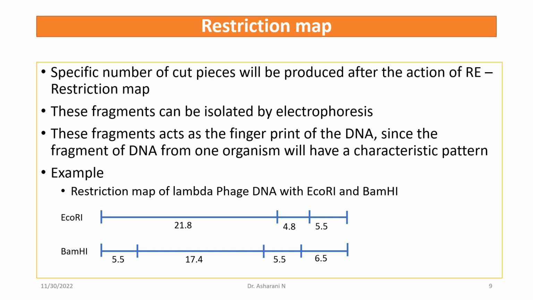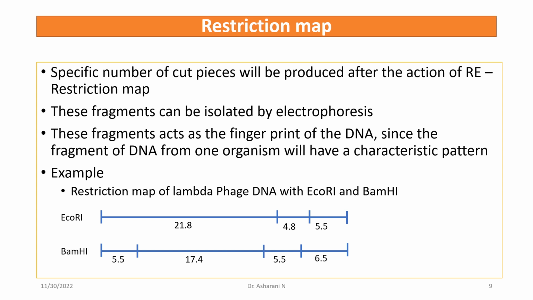We know that restriction endonucleases cut the DNA at specific sites, called recognition sites, which have a palindromic sequence. Usually these have around 4 to 7 nucleotide pairs.